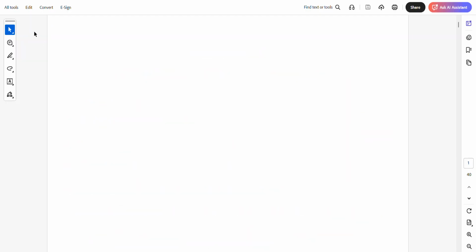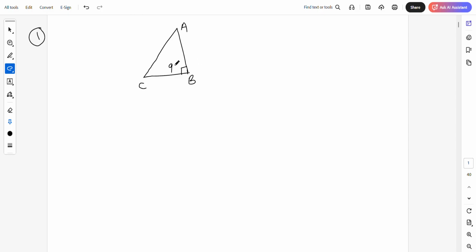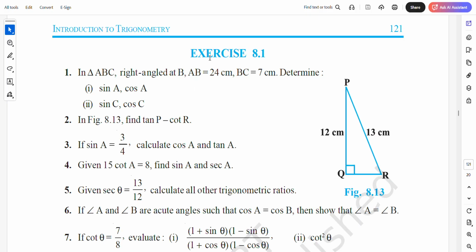Let us first draw the triangle. This is solution for problem number 1. This is the triangle ABC which is right angle at B. This is A, this is B, this is C. Now they are given this is 90 degree right angle at B. They have given the values of AB and BC.